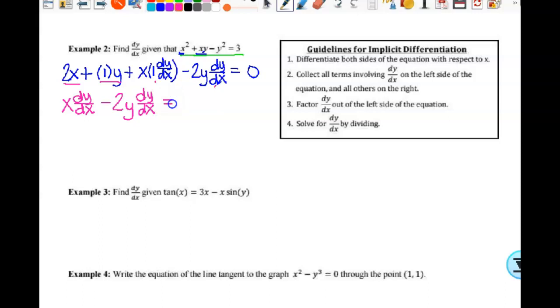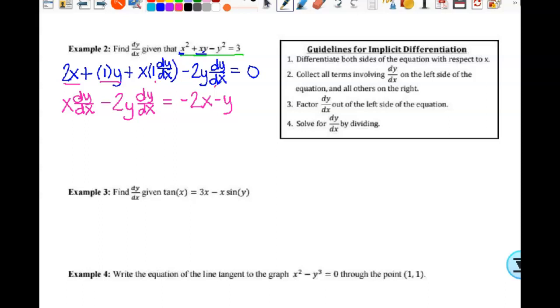Then equals, and also don't do something ridiculous by making up math here. I don't get to just plop them on the other side. I got to subtract them over because we know our algebra rules. This is going to be minus 2x minus y. Everybody good so far? Step 3, because on the left, every term that I have now has dy/dx in it, I'm going to factor out the GCF, which is dy/dx.